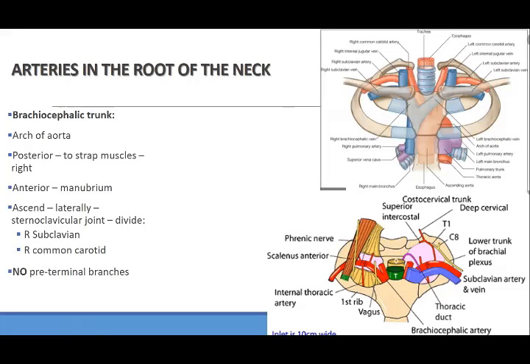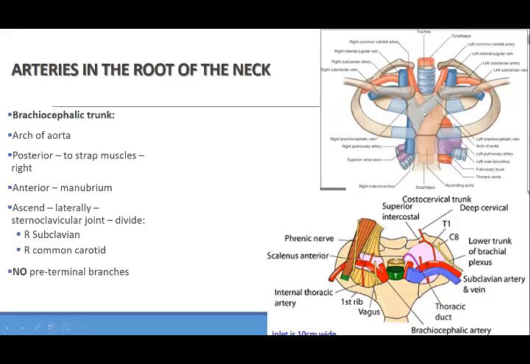Let's do the structures in the root of the neck one by one, starting with the arteries. The brachiocephalic artery is one of them. You have already done the brachiocephalic, right? But still, at the cost of repeating myself, the brachiocephalic artery arises from the arch of the aorta.